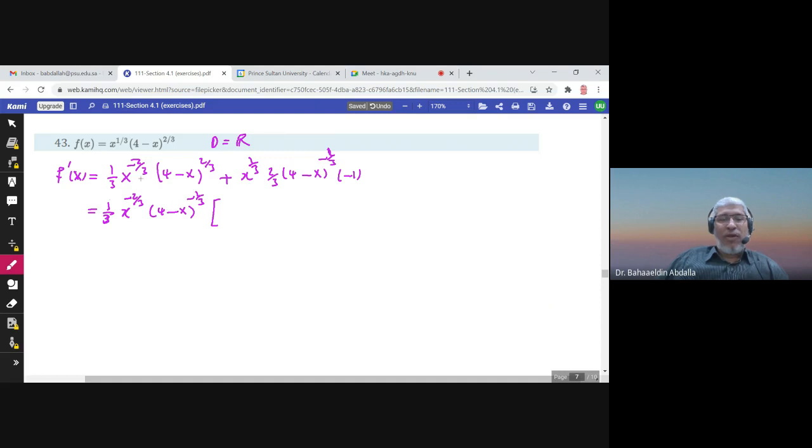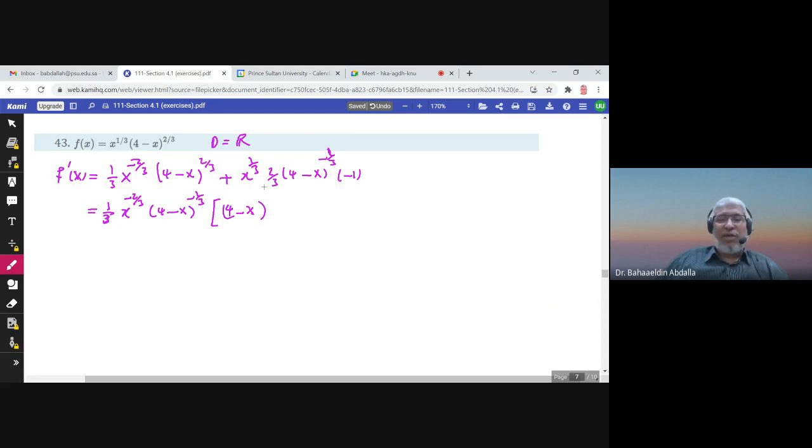So 1 over 3 cancels, x to the negative 2 over 3 cancels, and we will have 4 minus x to the power 2 over 3 minus 1 over 3, subtracting the powers when you divide. So 2 over 3 plus 1 over 3 is 1. Good. So we finished taking the common factor from the first term.